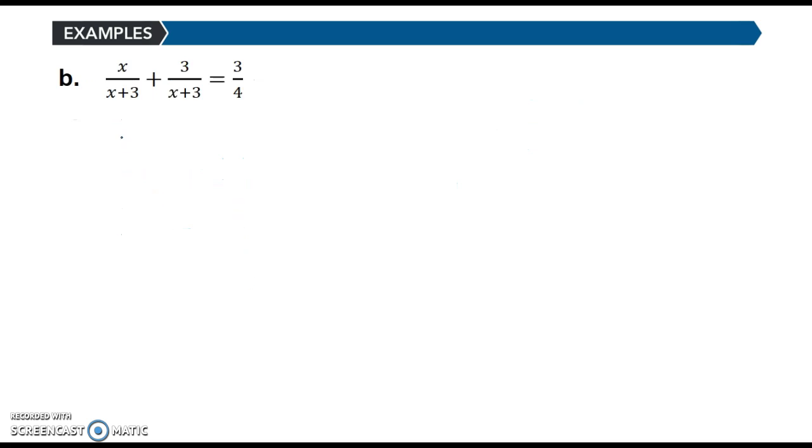Our next equation is x divided by x plus 3 plus 3 divided by x plus 3 equals 3 divided by 4. The denominators can't be factored. The restrictions come from the denominators containing variables, so that x plus 3, when we set it equal to 0, we find that our restriction is negative 3.